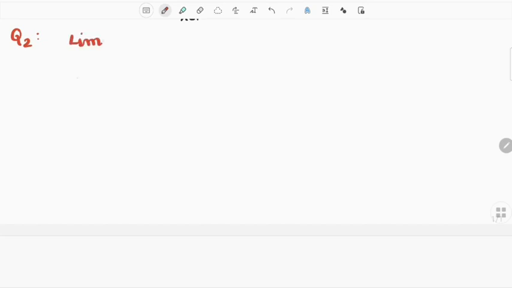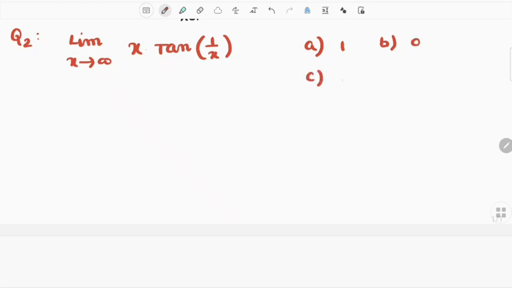Limit x tends to infinity of x into tan of 1 by x. The options are 1, 0, 2, 3.